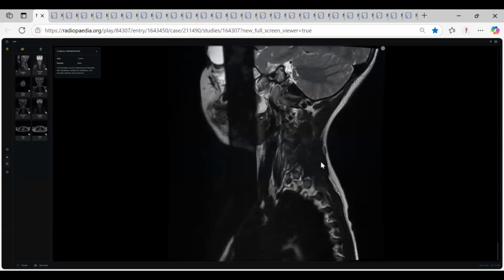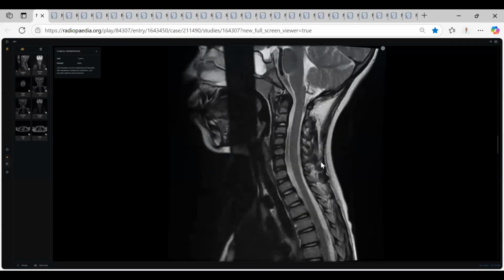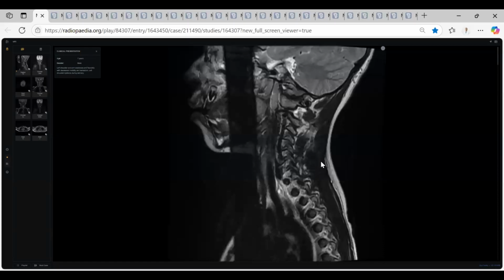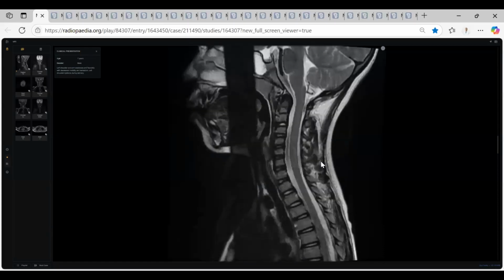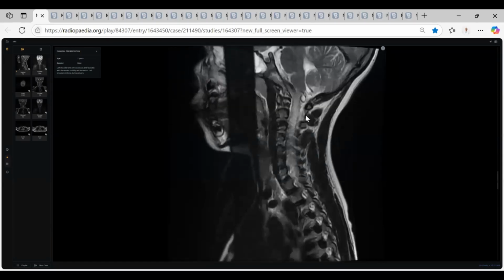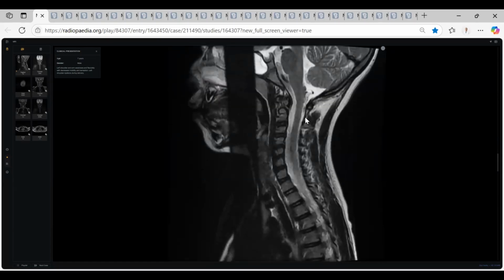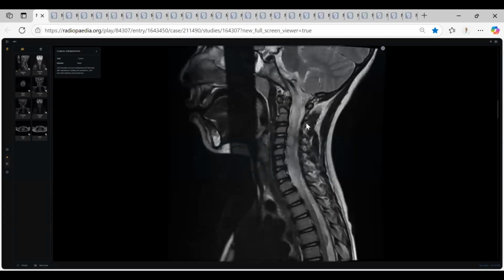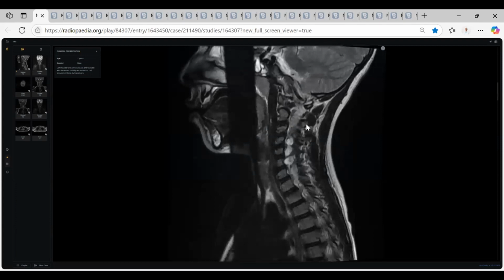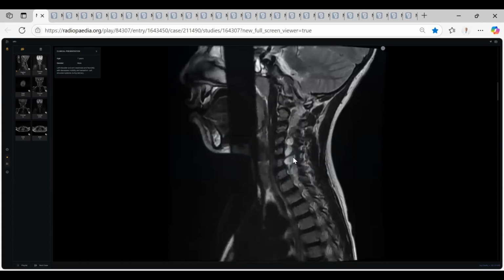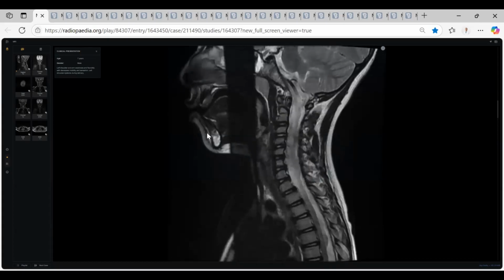I'm scrolling through the images from the first cut to the end cut. I can't see any obvious pathology. The cord appears normal, no intramedullary hyperintense or focal lesions. The cervicomedullary junction appears normal.